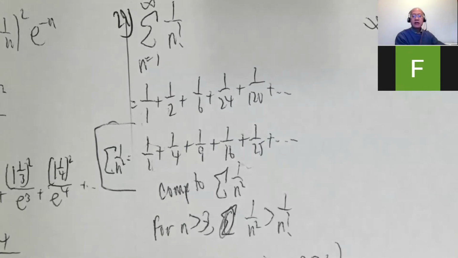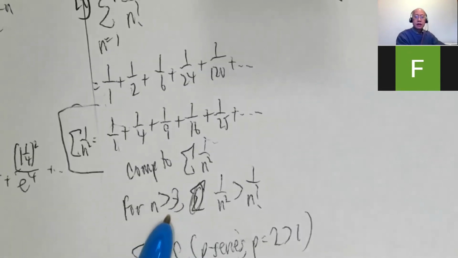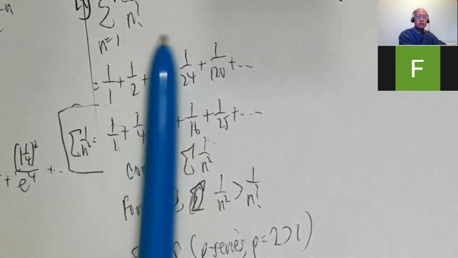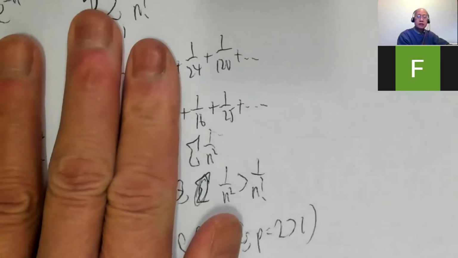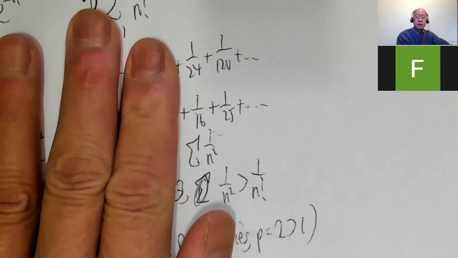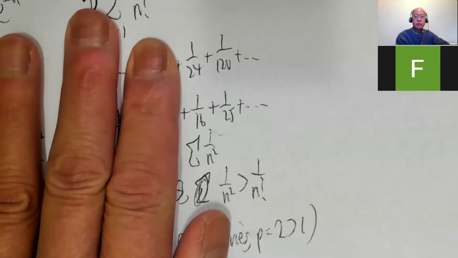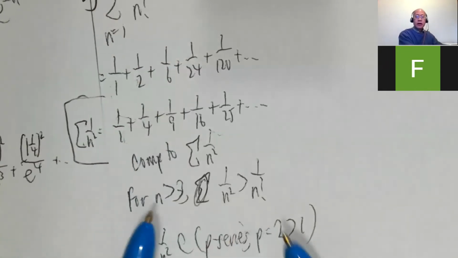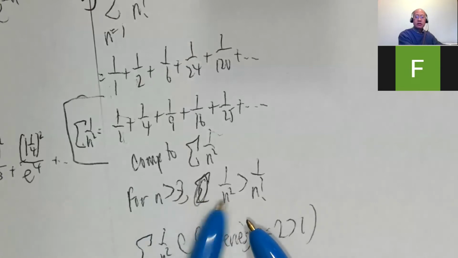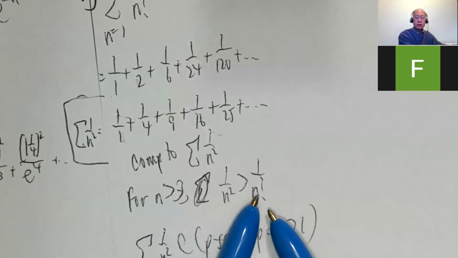So we can say for n greater than 3, if I ignore the first 3 terms, I'm allowed to do this, okay? If I include a finite number of terms or throw out a finite number of terms, that doesn't affect convergence or divergence. If I just decide to start at n equals 4, for n greater than 3, 1 over n squared is greater than 1 over n factorial.